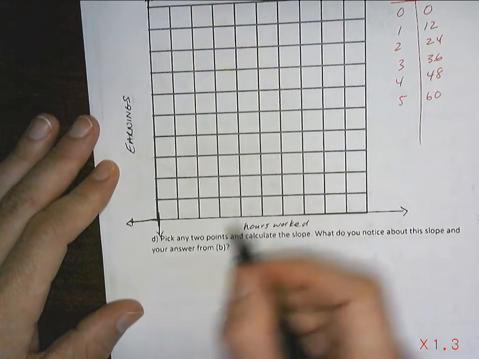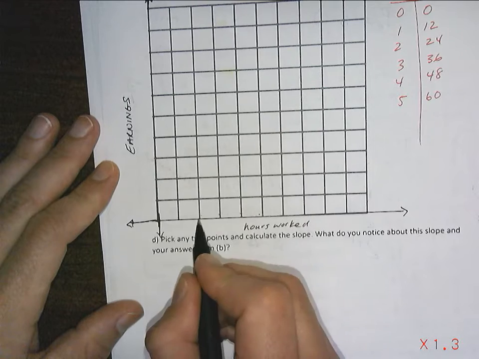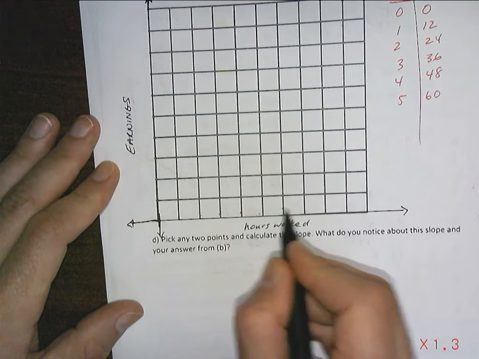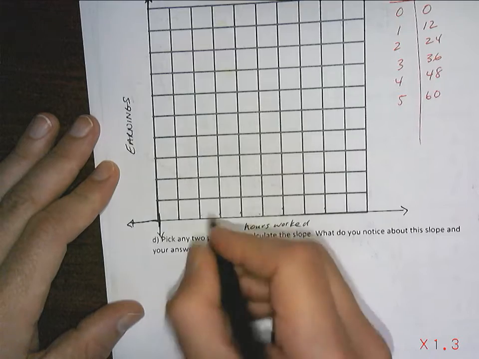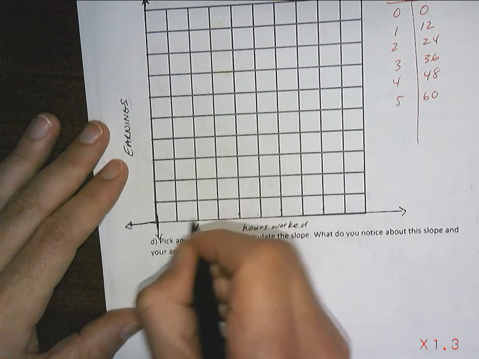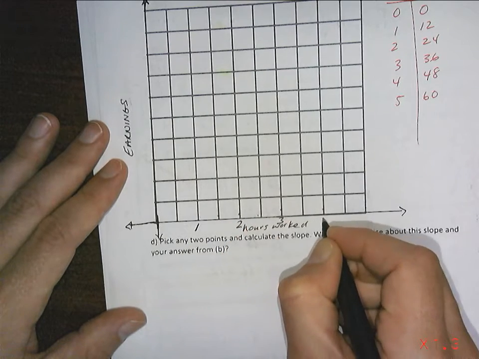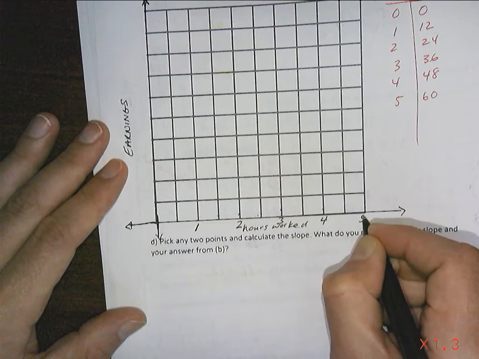Now the hours worked go up to 5: 1, 2, 3, 4, 5. We could do that. We could also go by 1, 2, 3, 4, 5 with bigger spacing. That might be a nicer looking graph, so why don't we do that? We'll make hash marks 1, 2, 3, 4, 5.